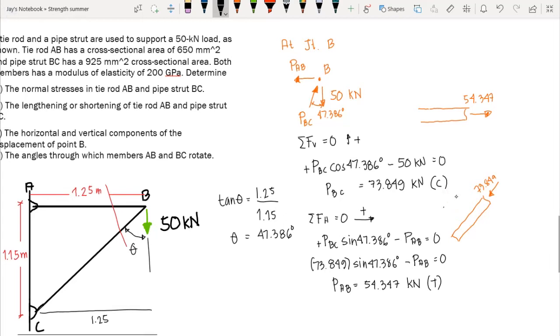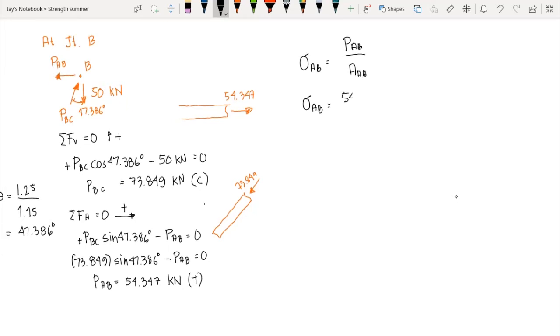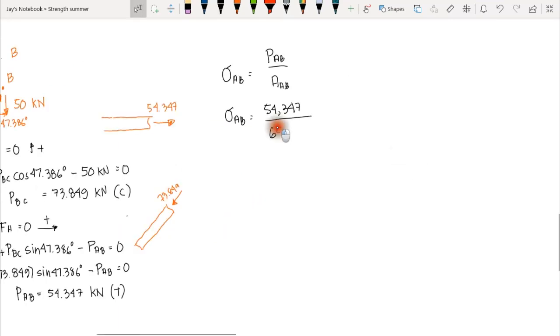And then we compute for the normal stress for every member. Let's begin with the normal stress of member AB, which is the axial force AB over the area of member AB. We have 54,347 over the area of AB, 650 millimeter squared, and the axial force is in Newton.